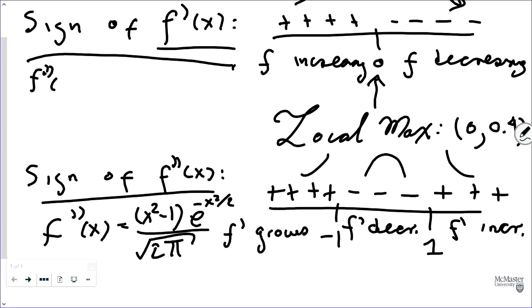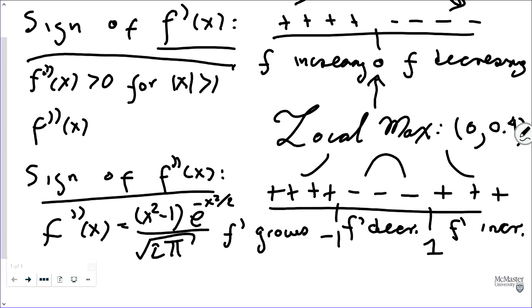F double prime of x is greater than 0 for regions where the absolute value of x is greater than 1. F double prime of x is less than 0 for regions where the absolute value of x is less than 1. So these are actually inflection points because you have the change of concavity.